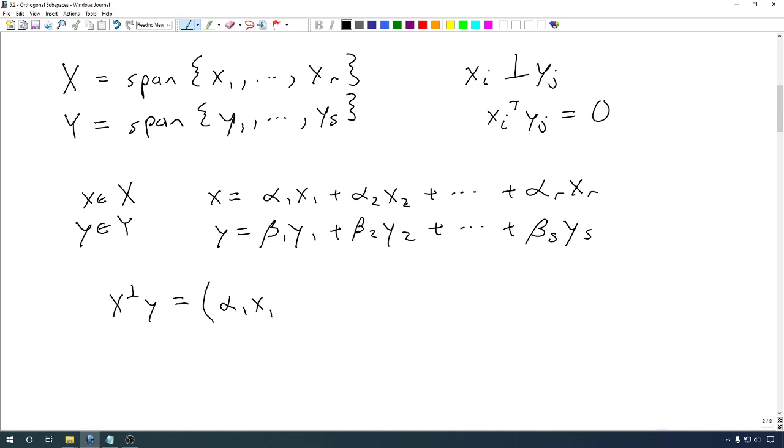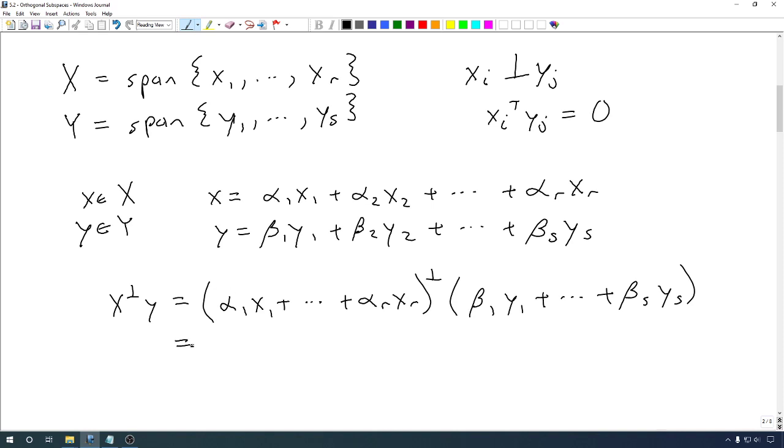If we take the scalar product of these two vectors, we can go ahead and replace the x with its expansion. It's a linear combination of the little x's, times the expansion of y in terms of the little y's. And then while this is the product of two big sums, we can go ahead and expand it out.